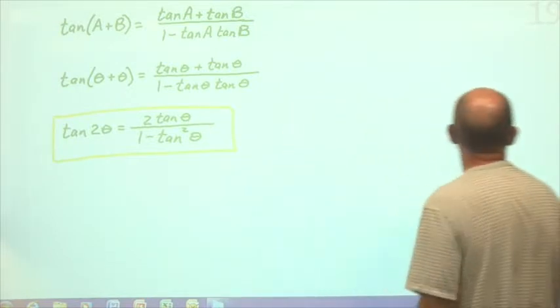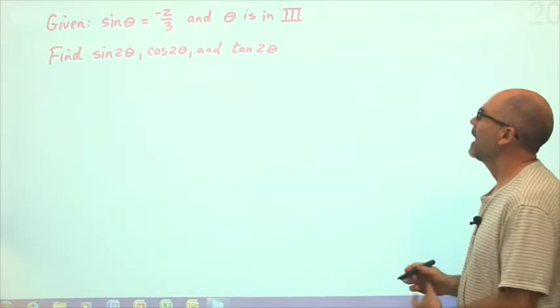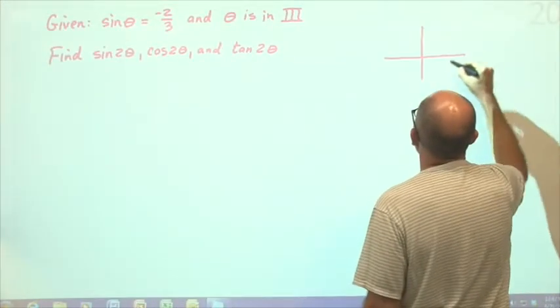Okay, so let's try some examples. If sine theta is negative 2/3 and theta is in quadrant 3, we need to find sine 2 theta, cosine 2 theta, and tangent 2 theta. Okay, well, let's look at the angle in the 3rd quadrant.